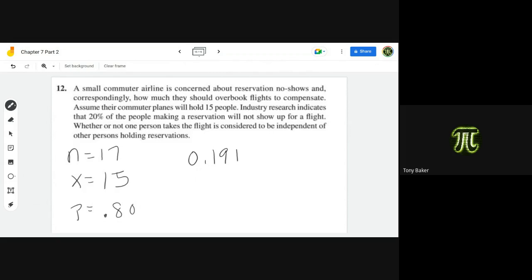So if I book 17 tickets, I want to figure out what the probability of 16 people showing up at my gate, because then I'm going to have to bump one person. And if you plug that in, you should get 0.096 if you round to 3 decimal places. So there's about a 10% chance or 9.6% chance that I'm going to have to bump somebody if I book 17 tickets. And if you book all 17 tickets, there's a 0.023 probability that all 17 are going to show up.